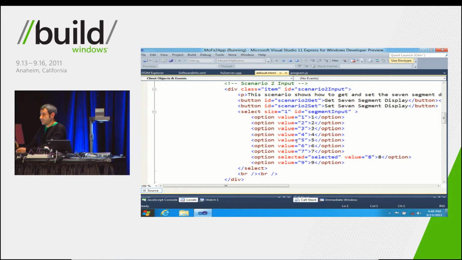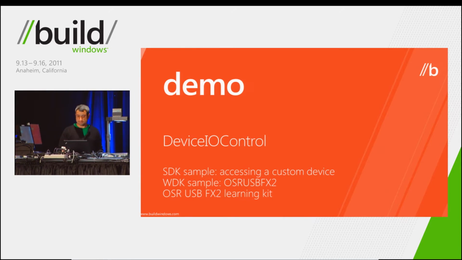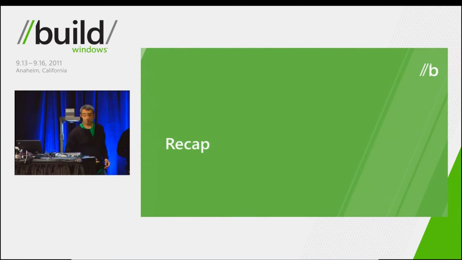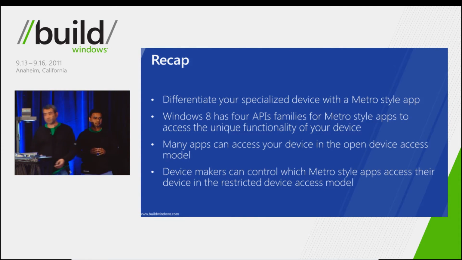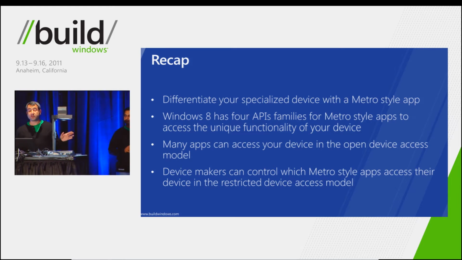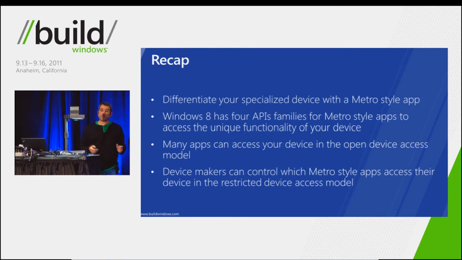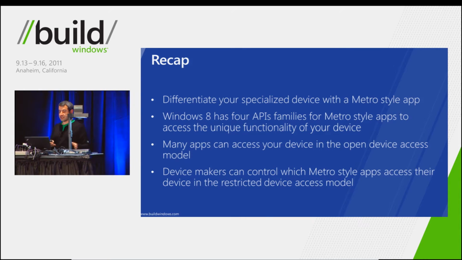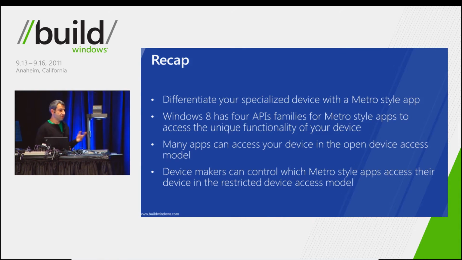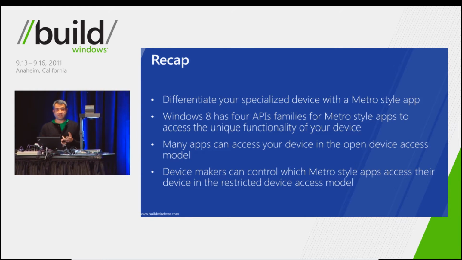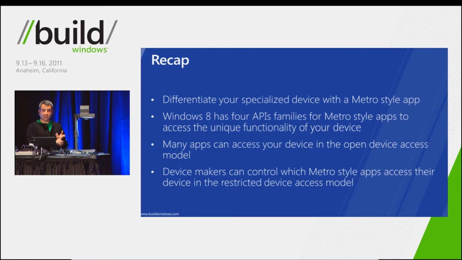So let's recap what we've learned here today. First, I'd like to add one other point: our designs for accessing a specialized device focus on two common scenarios: externally connected devices, as well as devices that are pre-installed and internal to a new PC.